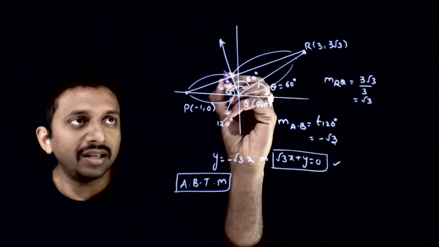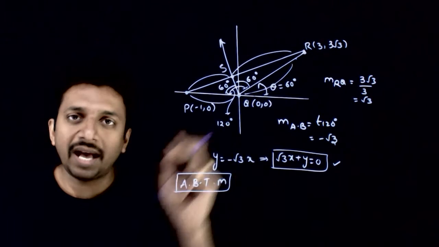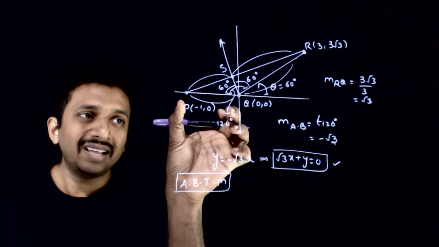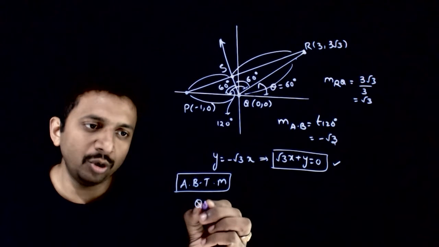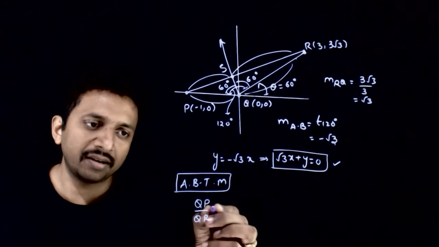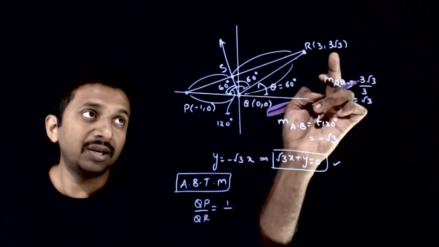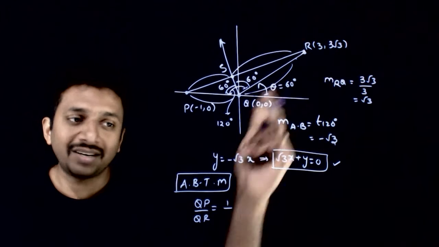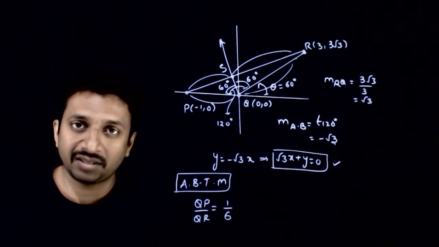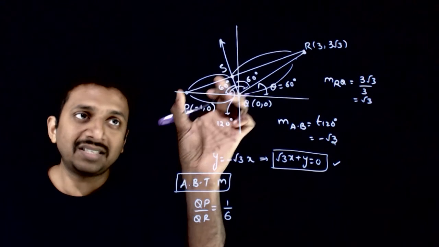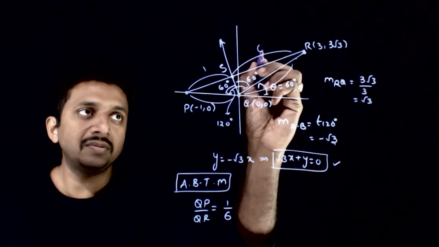So if this point is S, S divides PR in the ratio of the lengths of QP is to QR. QP is nothing but 1 unit. QR is nothing but root of 27 plus 9, root of 36 is 6. So if this length is 1, this length is equal to 6. So S divides PR in the ratio 1 is to 6.